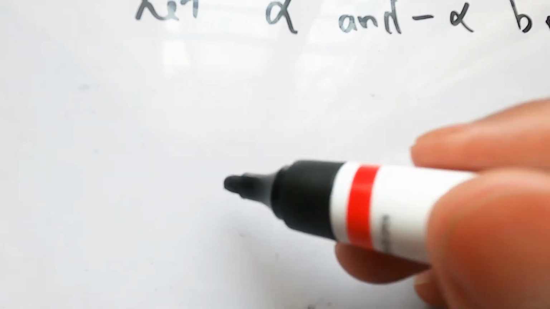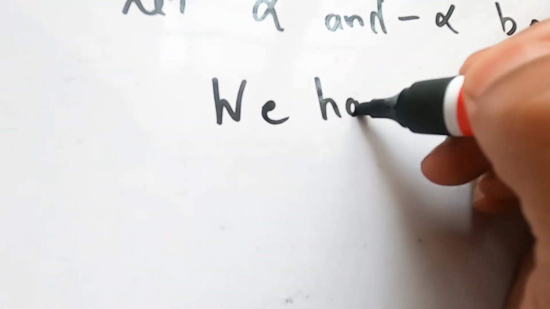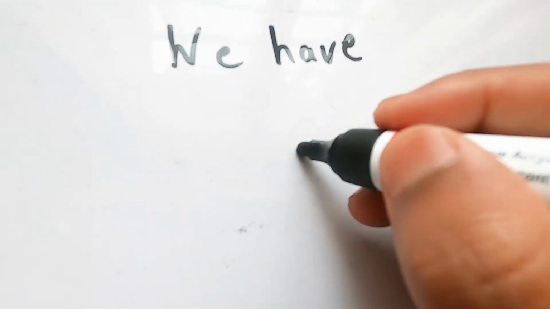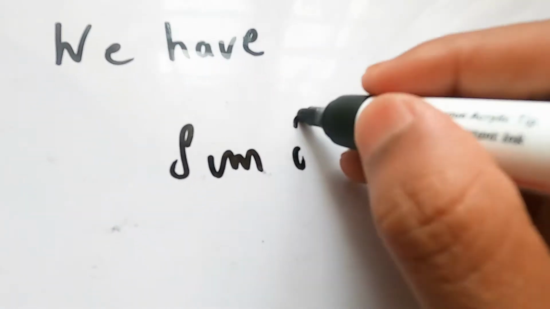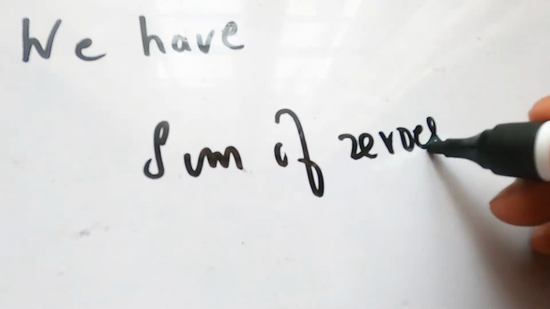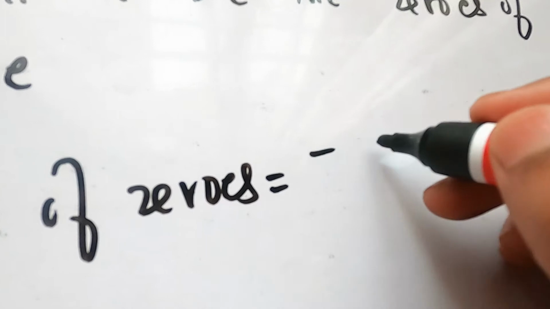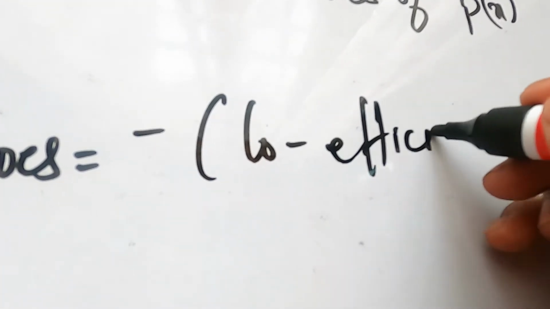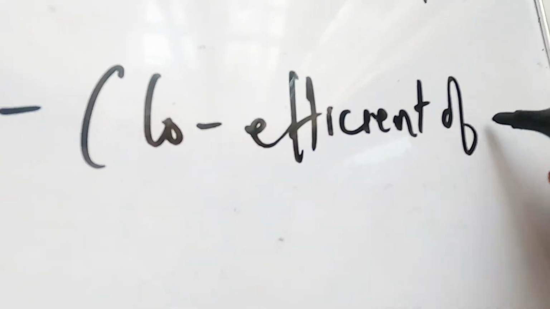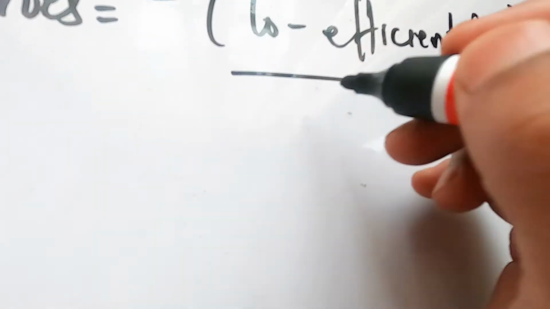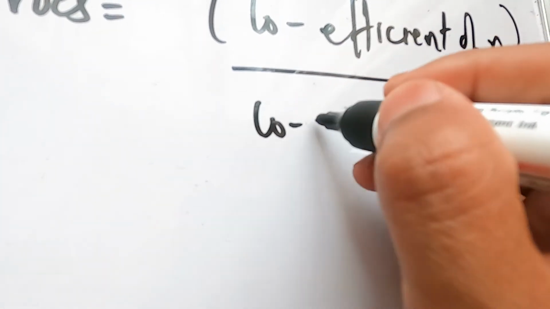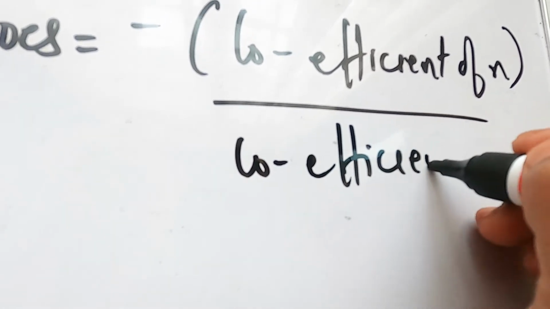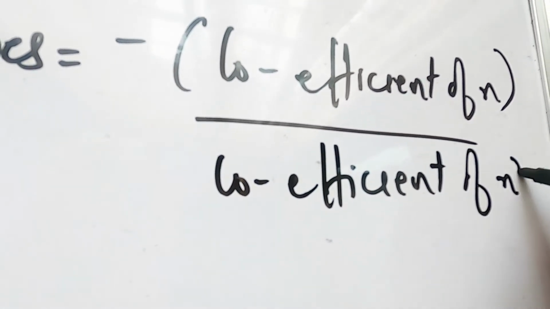All right. So in this case, we can either use the sum of zeros, or we can also use the product of zeros, according to you. So next, what we'll do is we will simply use the sum of zeros. So you write here, we have sum of zeros is equal to minus coefficient of x by coefficient of x square.